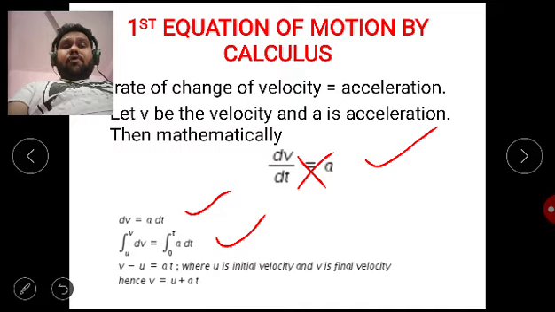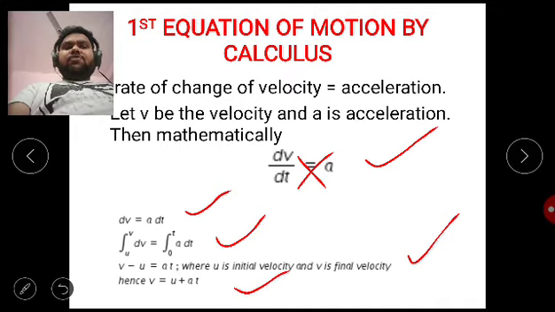On integrating you will get v minus u is equal to at. By rearranging you will get v is equal to u plus at. This is the first equation of motion or velocity time relationship, and we have derived it by using calculus.